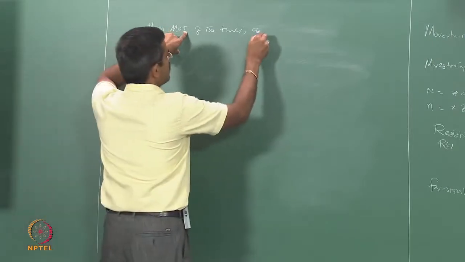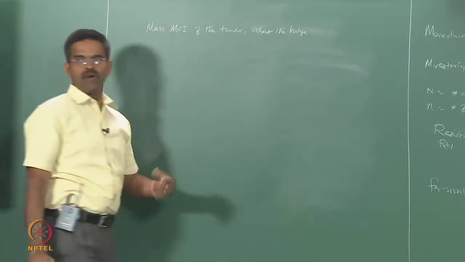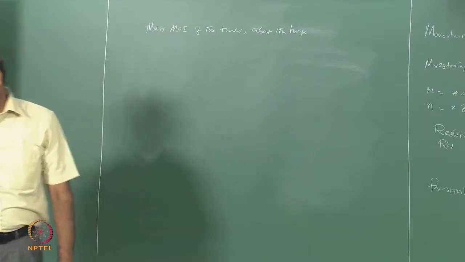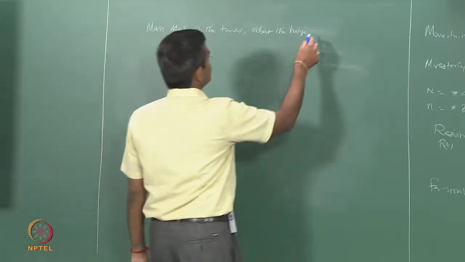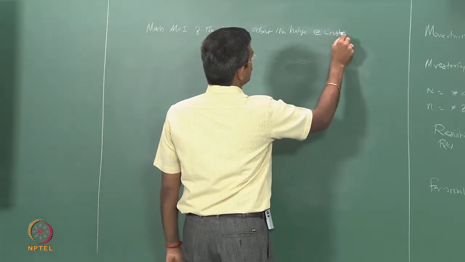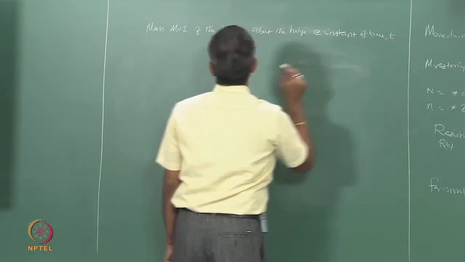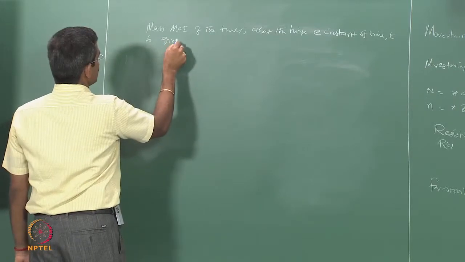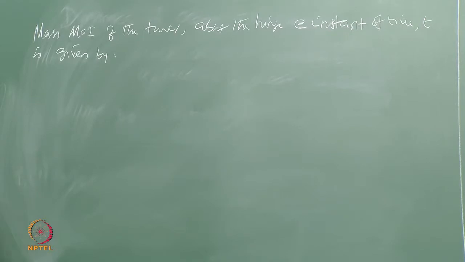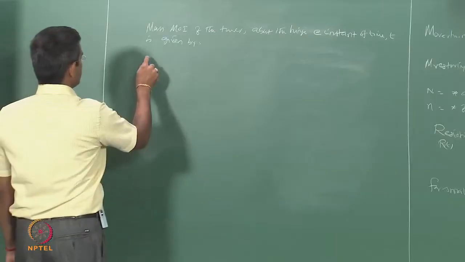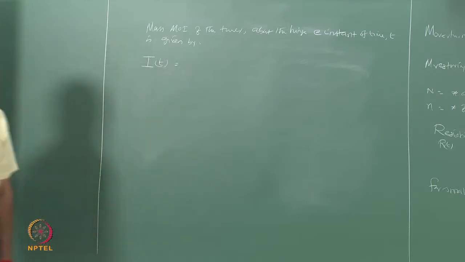So, I should say about the hinge, because I must always say about which point we are taking the second moment of area, about the hinge at any instant of time t, is given by. So, I want to find at any instant of time t what is the mass moment of inertia.